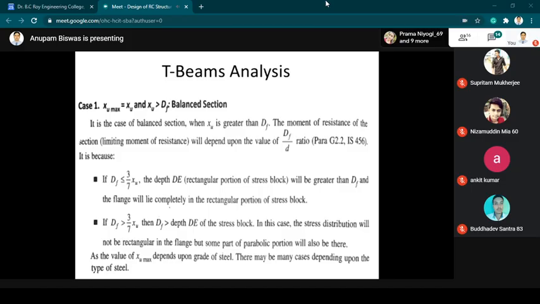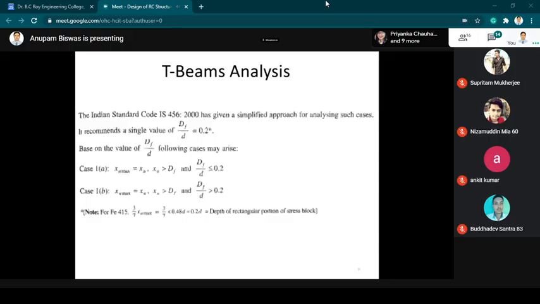Based on this value of DF by d, there are again two subcases, subcase 1a and subcase 1b. Under subcase 1a, where XU max is equal to XU and is more than DF, that is the previous condition, DF by d, with small d, is less than or equal to 0.2.